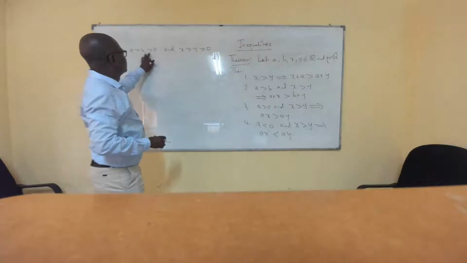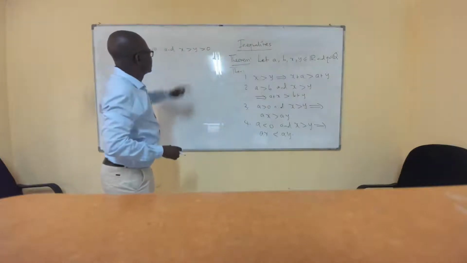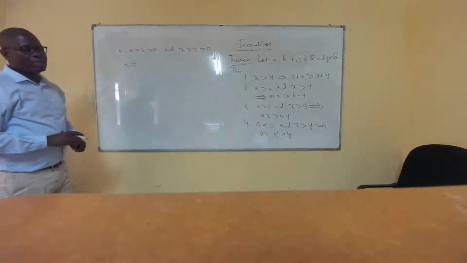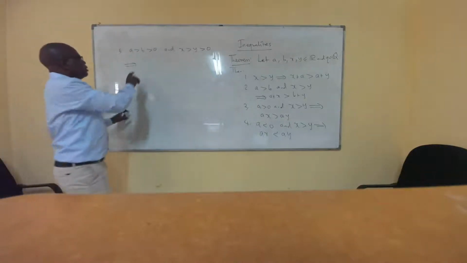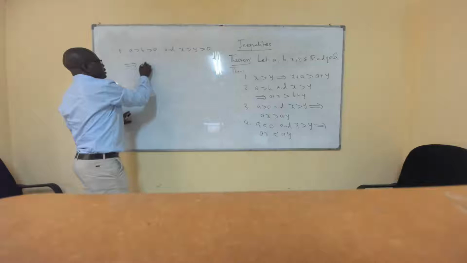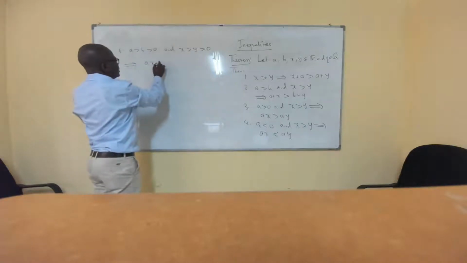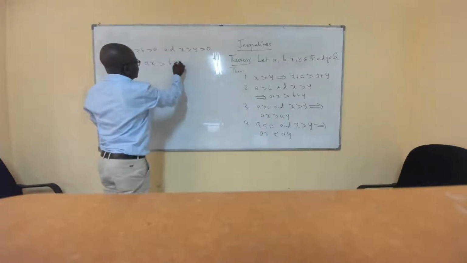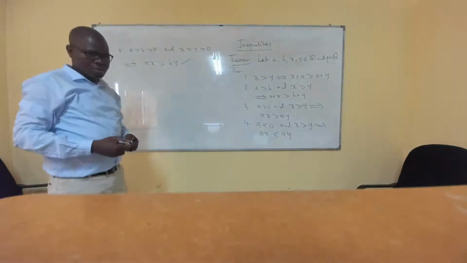So if you have two inequalities and positive numbers are involved, then you can multiply these numbers involved, and this will not be affected. You can write like this, and this will still hold.